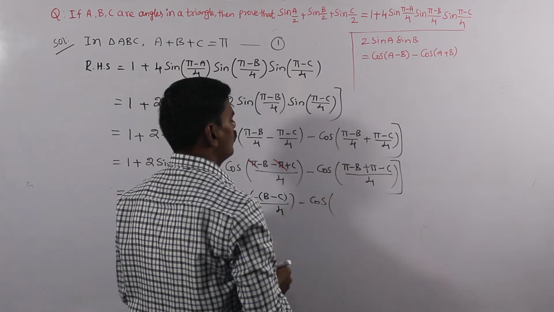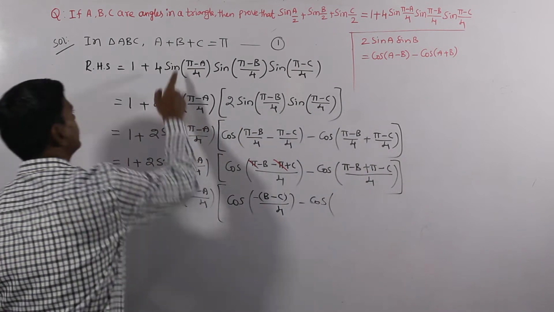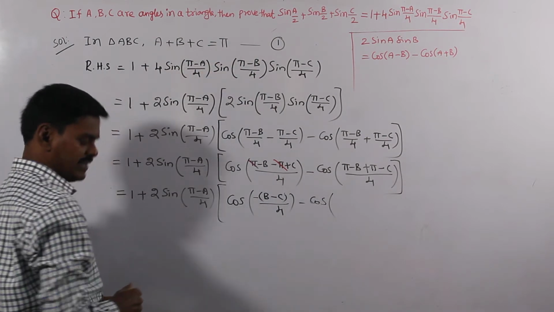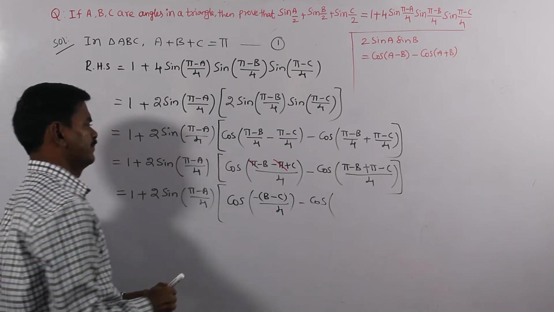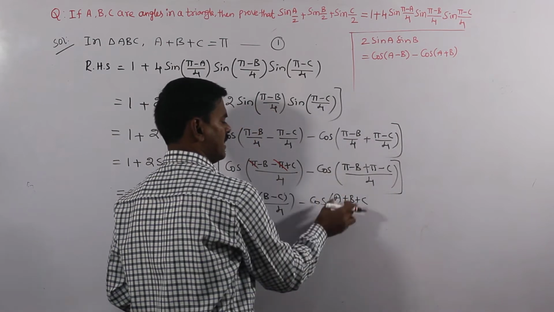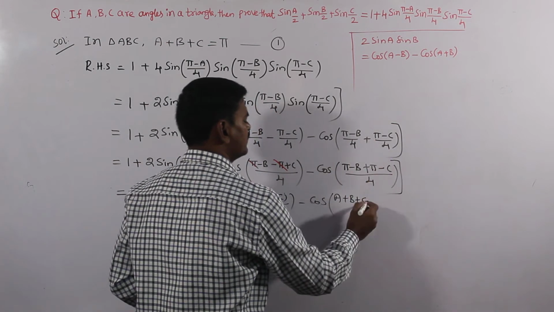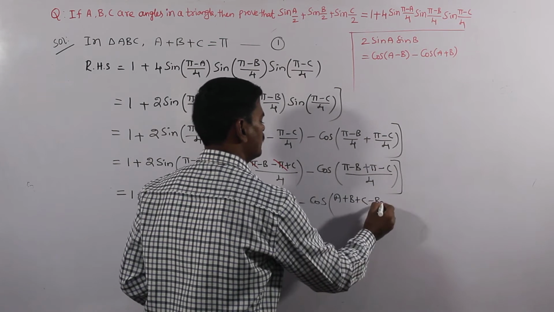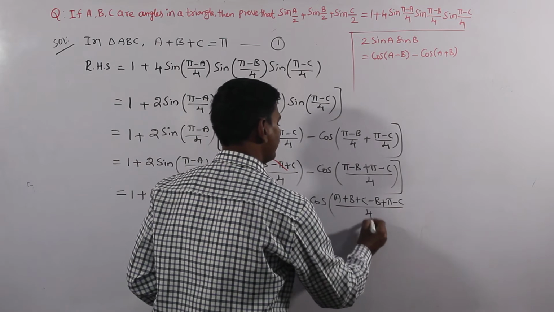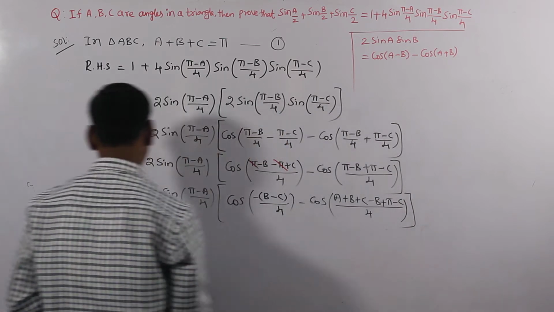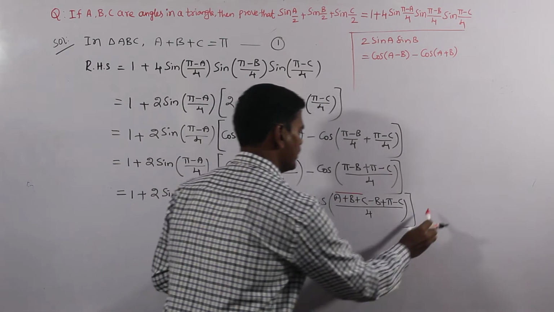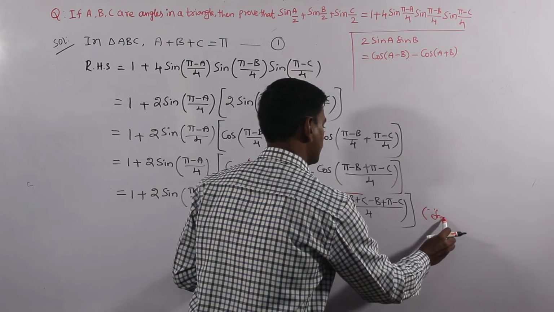One of these two pi terms can be replaced with A plus B plus C. From equation 1, pi can be replaced with A plus B plus C. So A plus B plus C. This pi can be replaced with A plus B plus C. The rest of the terms write same, minus B plus pi minus C same, whole divided by 4. So this is the replacement. This replacement is from equation 1.